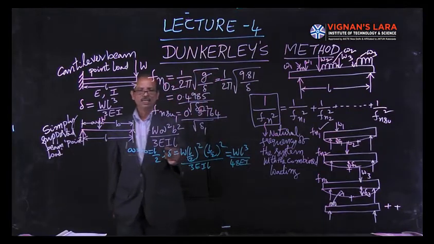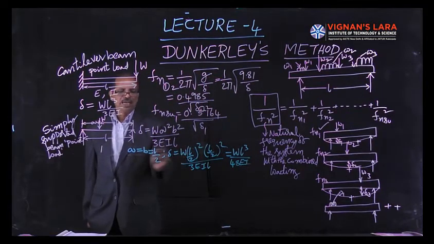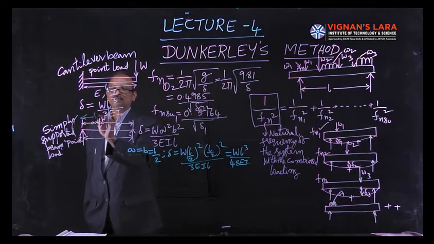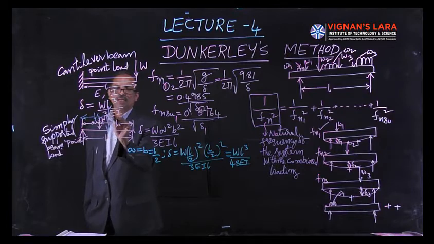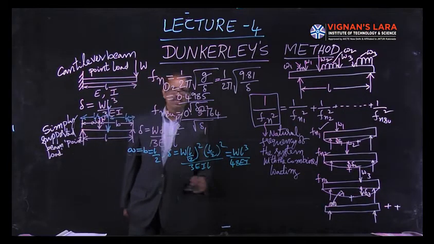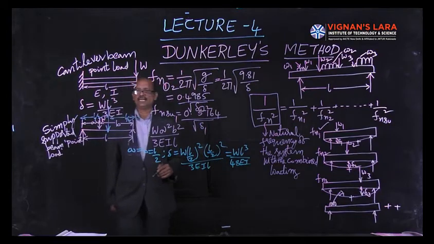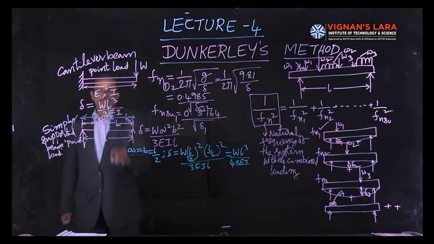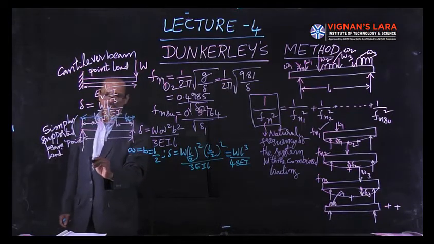That is, if A is equal to B is equal to L by 2, treating the load at the middle, you get delta value WL cube by 48 EI for a simply supported beam with a point load.